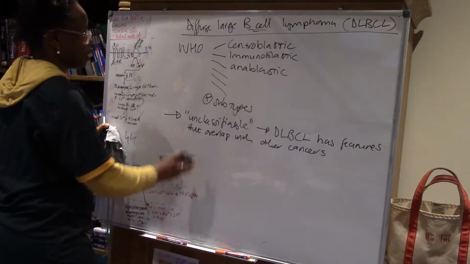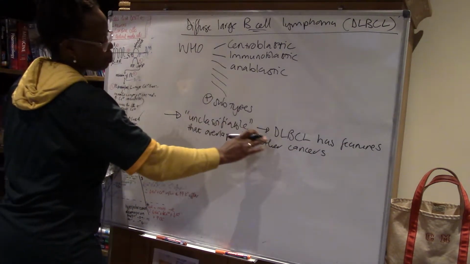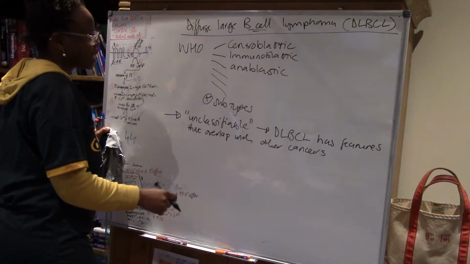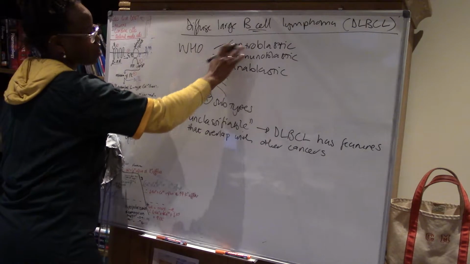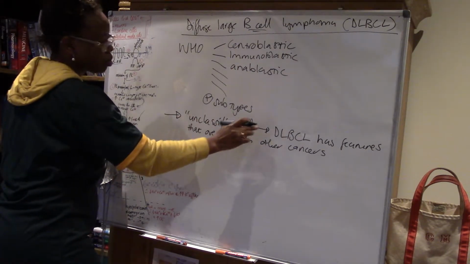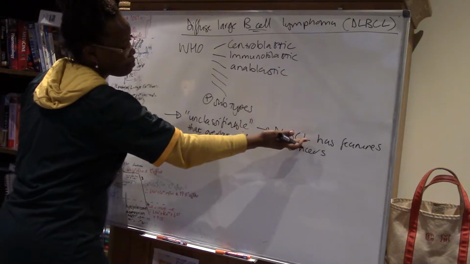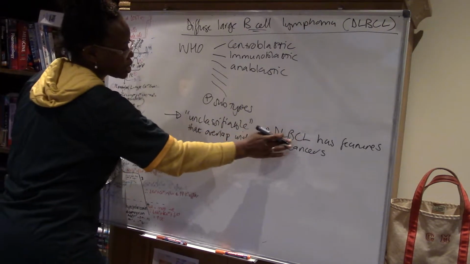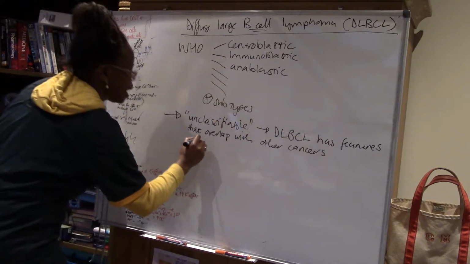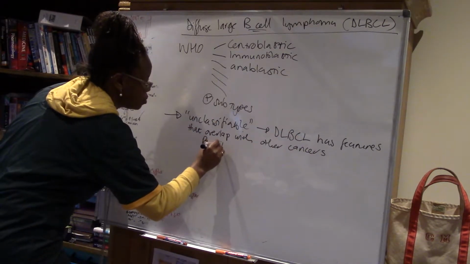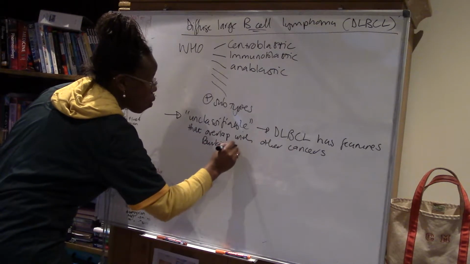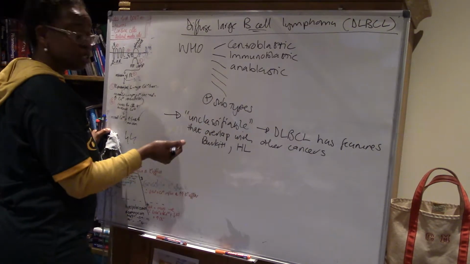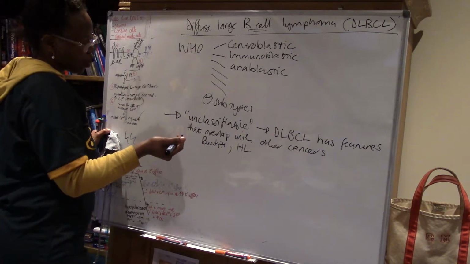So we can call it unclassifiable diffuse large B-cell lymphoma with intermediate features of diffuse large B-cell lymphoma and perhaps Burkitt or a Hodgkin's or any other condition.